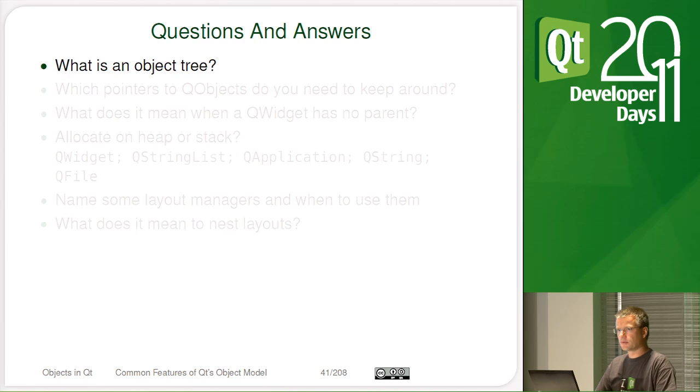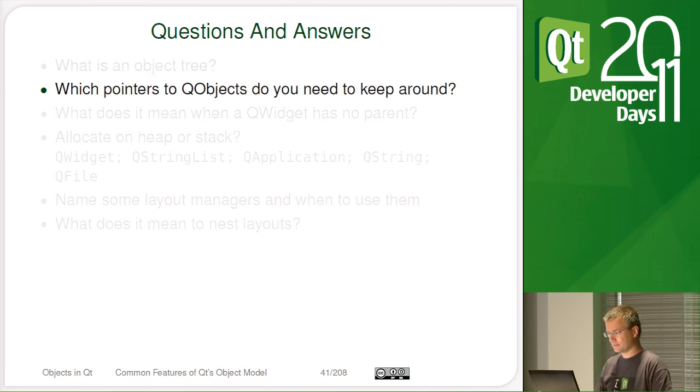I think we quickly go through the next Q&A slide. What is an object tree? It's a hierarchical structure of objects which have a parent-child relation. Which pointers to QObjects do you need to keep around? This wasn't mentioned explicitly, but it's C++.